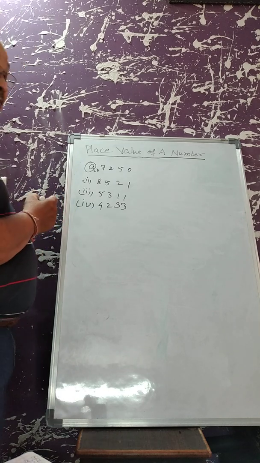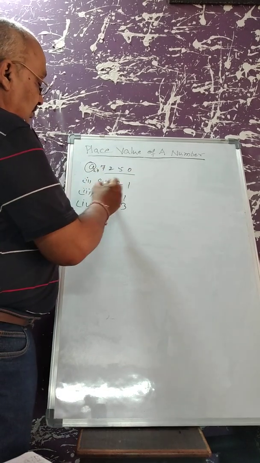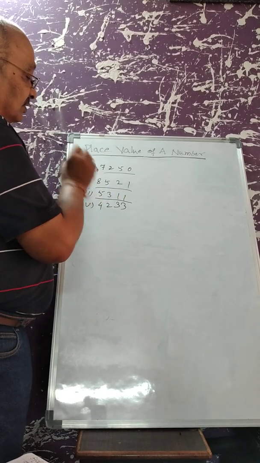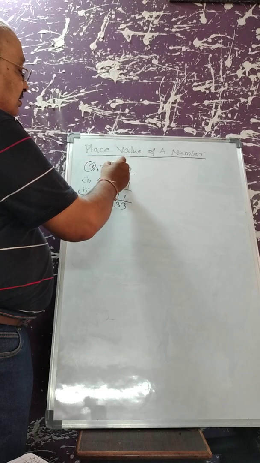So you just have to find out of all these four, where is 5 at the place of 100? Here it is at the place of 10.